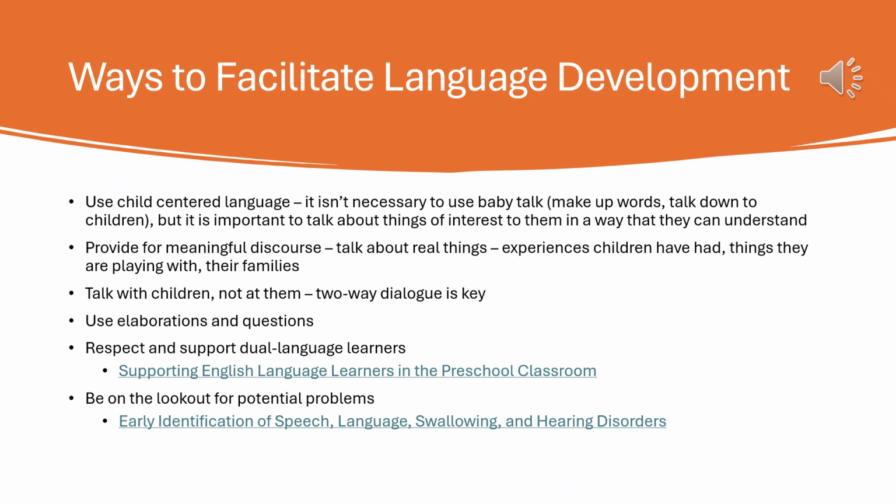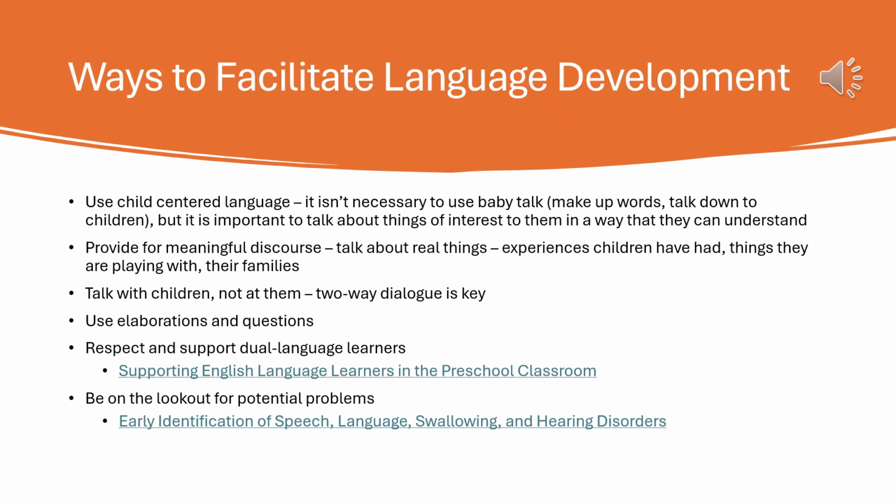A way that we can engage children in two-way dialogue is to talk with them about things that require adding additional information to the conversation. So using something called elaborations, where we talk about things in an elaborative, detailed, descriptive way, and using open-ended questions, where we ask questions where we truly don't know the answer, and we're interested in the answers that children have to give.